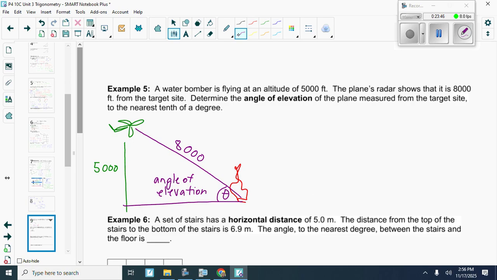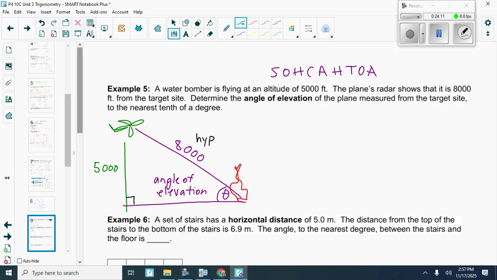We've got SOHCAHTOA written at the top of every single page of homework so that we can reference it. The first thing we're going to do is label our diagram. I can tell that this is my right angle triangle. Opposite my right angle is my hypotenuse.